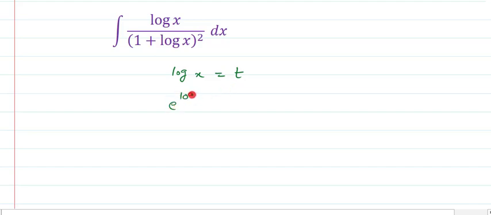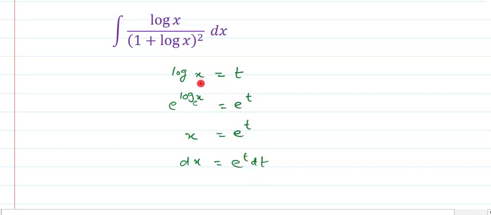We know very well that e power log x is equal to e power t, we can write over here after taking e power on both sides. Now you know the property of log, that e power log x is x simply, and here it is e power t. Now calculate dx. It is e power t dt.